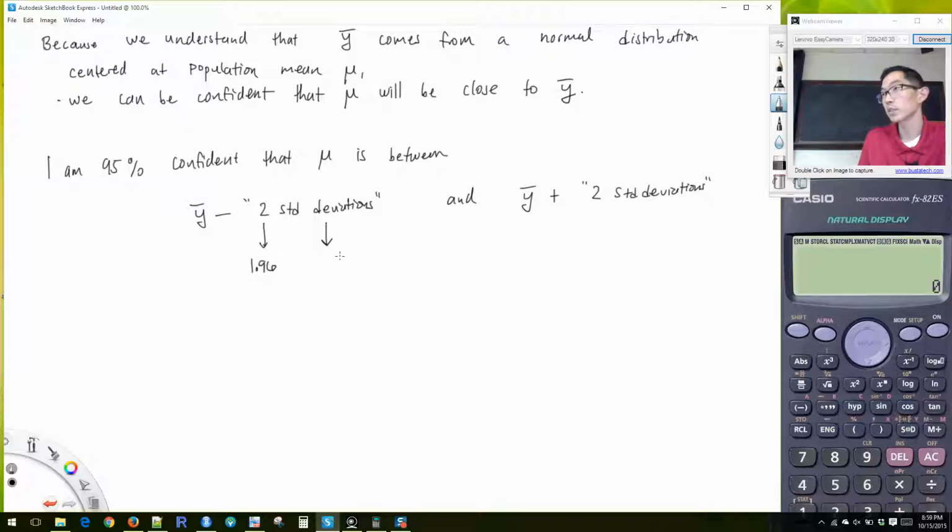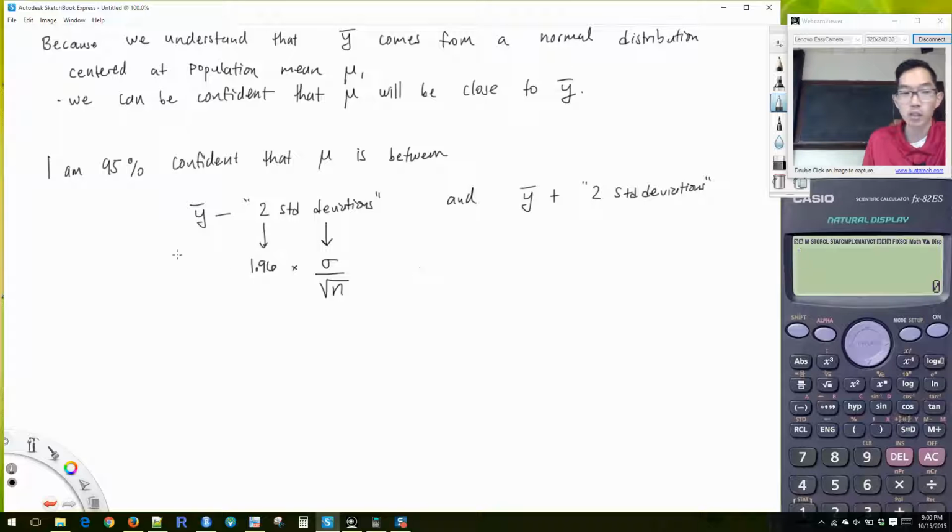And what is the standard deviation of our sampling distribution? Remember earlier today we talked about when you have a sampling distribution, if the population has standard deviation sigma, what's the standard deviation of our sampling distribution? Sigma over the square root of n, right? So we're talking about standard deviations of our sampling distribution.